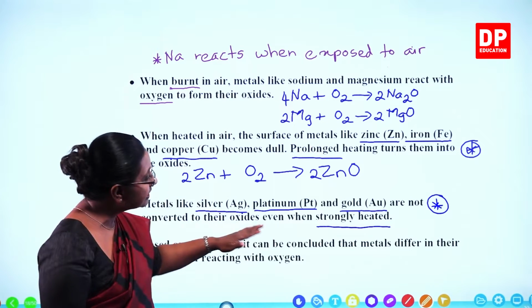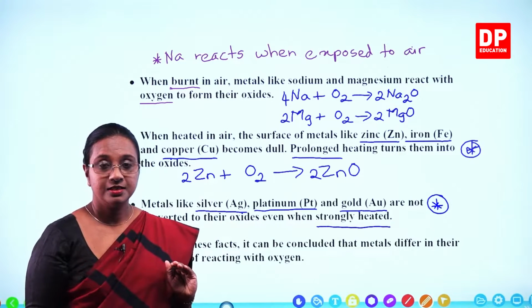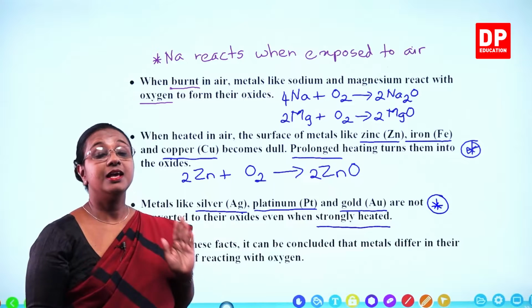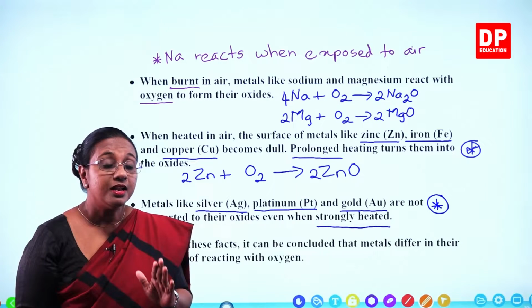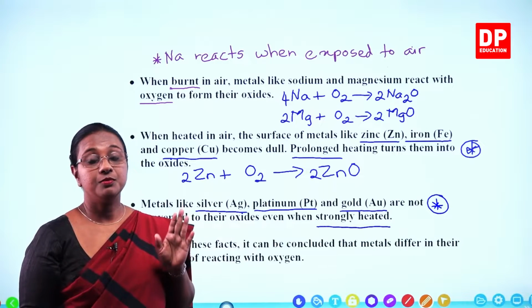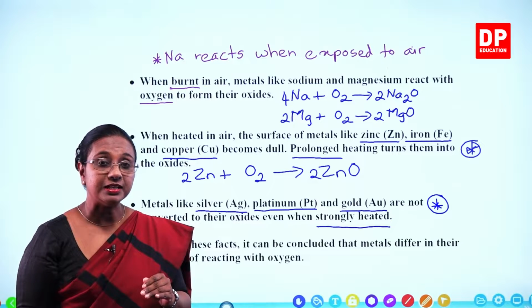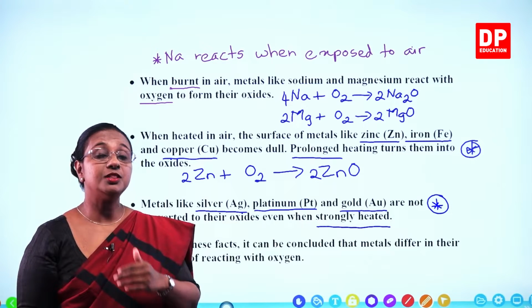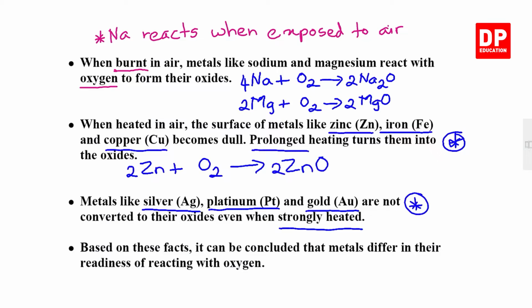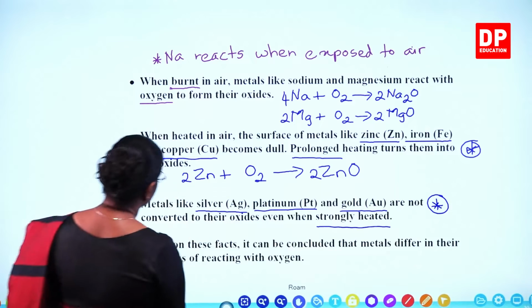So now you all can see a difference. You all can understand that the metals react differently with oxygen in air. Based on these facts, it can be concluded that metals differ in their readiness of reacting with oxygen.